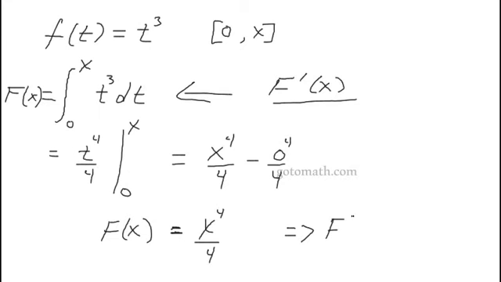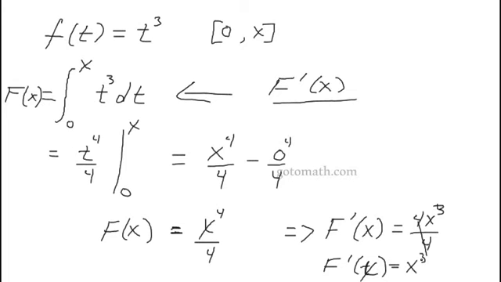And let's just do that. So F prime of x is equal to, so this becomes 4x to the third over 4. And of course our 4's cancel out, and it's equal to x cubed. So F prime of, not t, but x, is equal to x cubed.